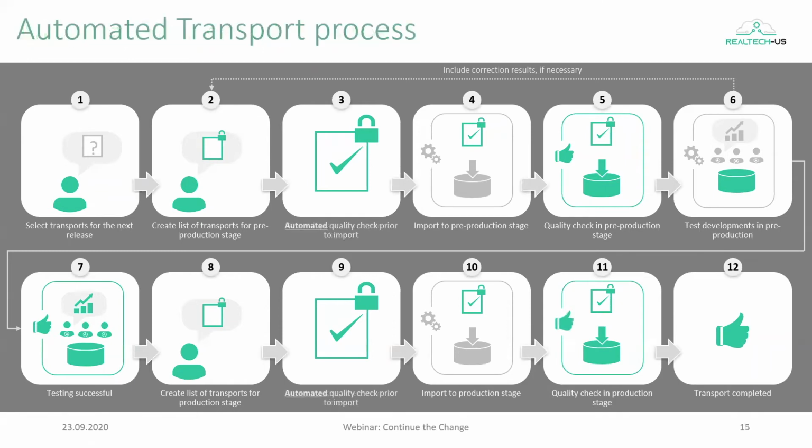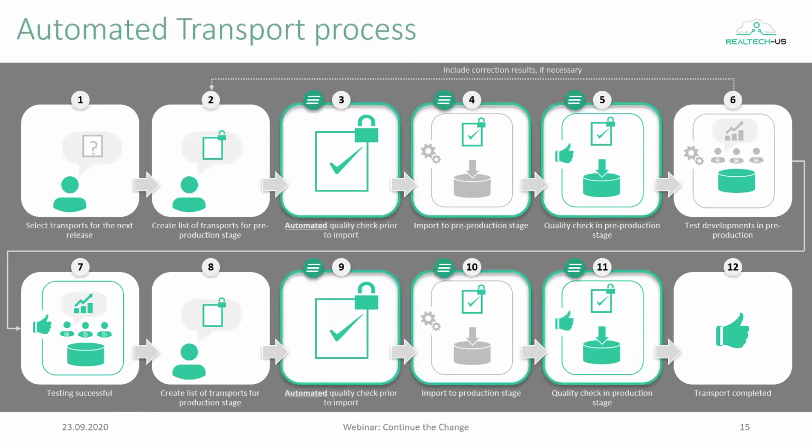With our solution, we can eliminate probably half those steps, right? Even in Charm, there's a lot of steps. We can eliminate and automate most of them, so you're really only doing the release at the beginning.